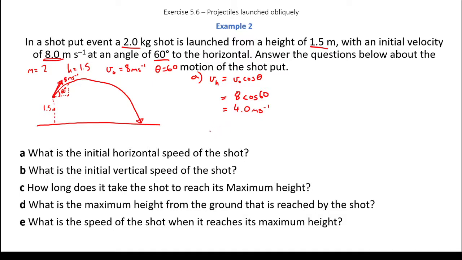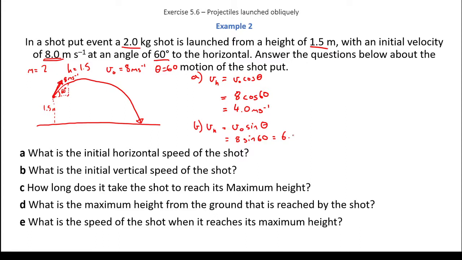What is the initial vertical speed of the shot? Well, just like the horizontal, we have our equation. It is equal to V naught sine theta, 8 sine 60, and that gives us 6.928.